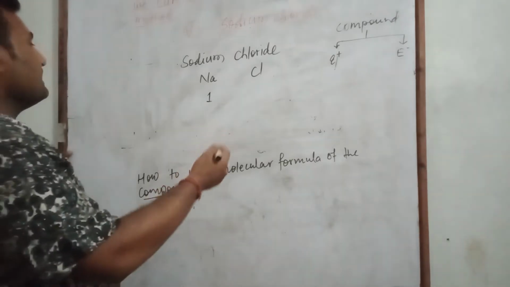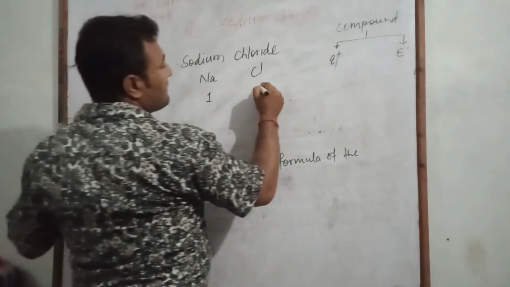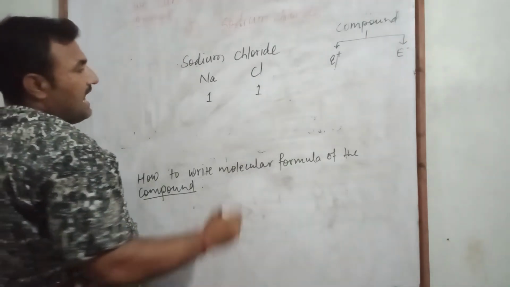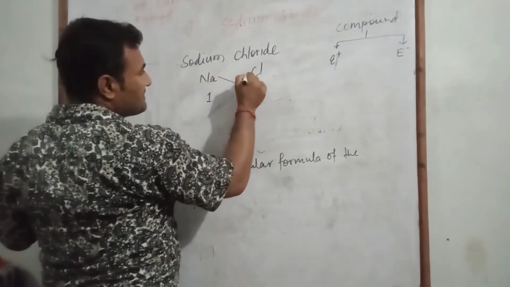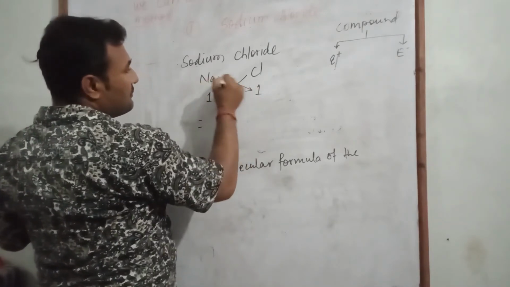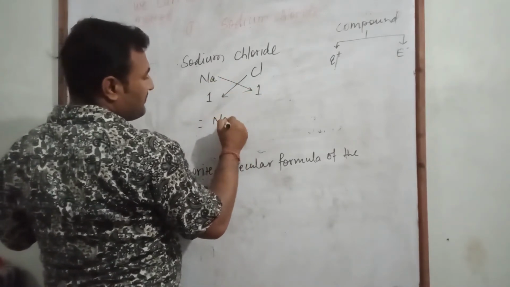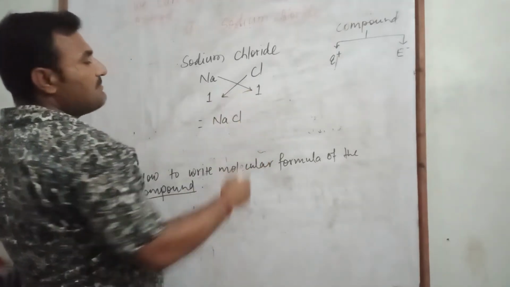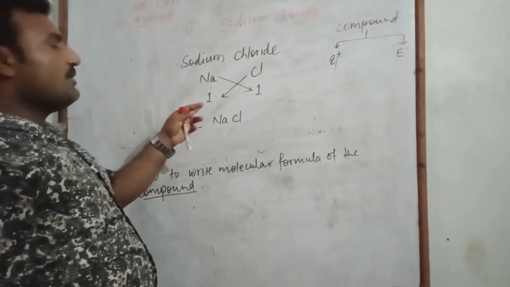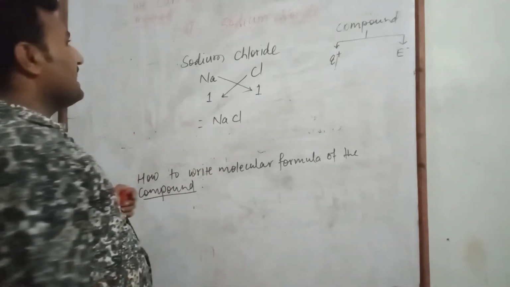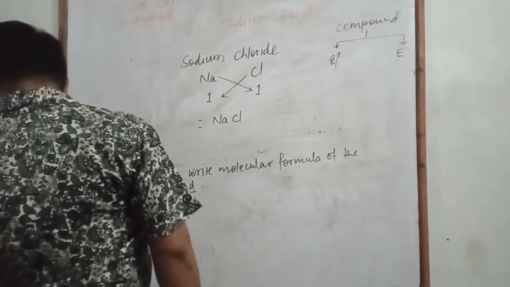We should learn it. Chloride also has valency 1. Then we apply the criss-cross method: we write sodium, chloride, and then exchange valencies. Here both have the same valency 1, therefore no need to write it.